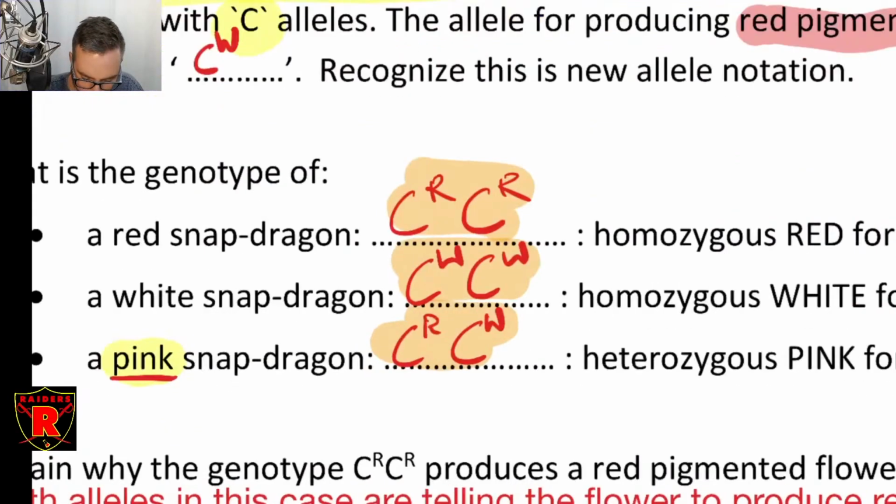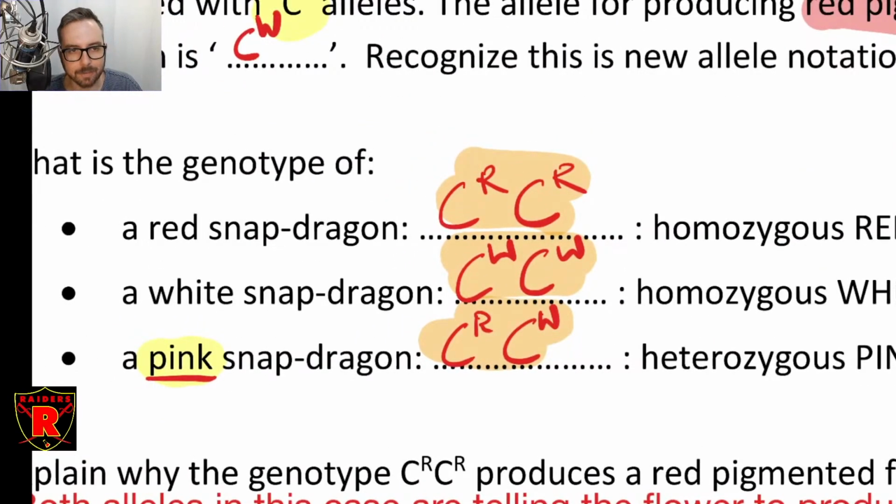All right, so here we go. What that means is you now have 3 let statements, because not only do you need to tell me what it will be for the purebreds, the homozygotes, but you also have to tell me what happens when you get a heterozygote. So in this case, red snapdragons have homozygous red. Not dominant, because there is no dominant here and no recessive.